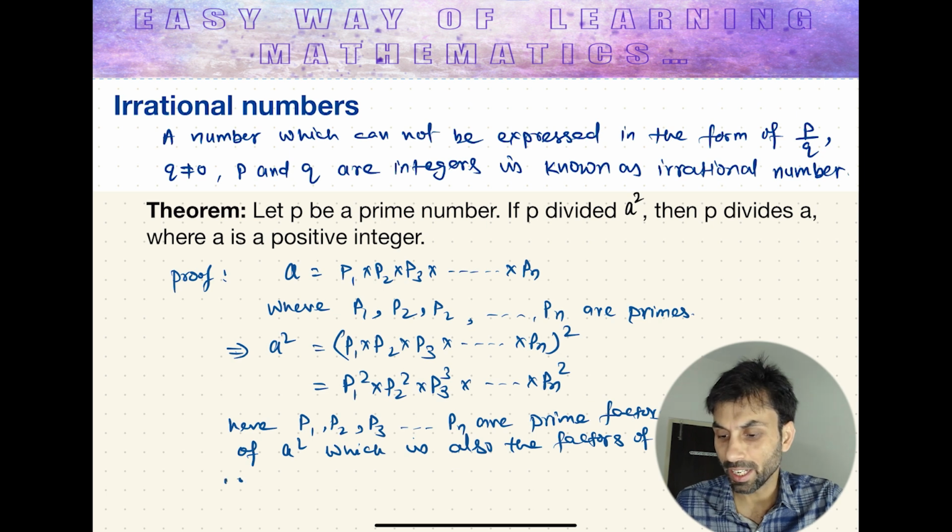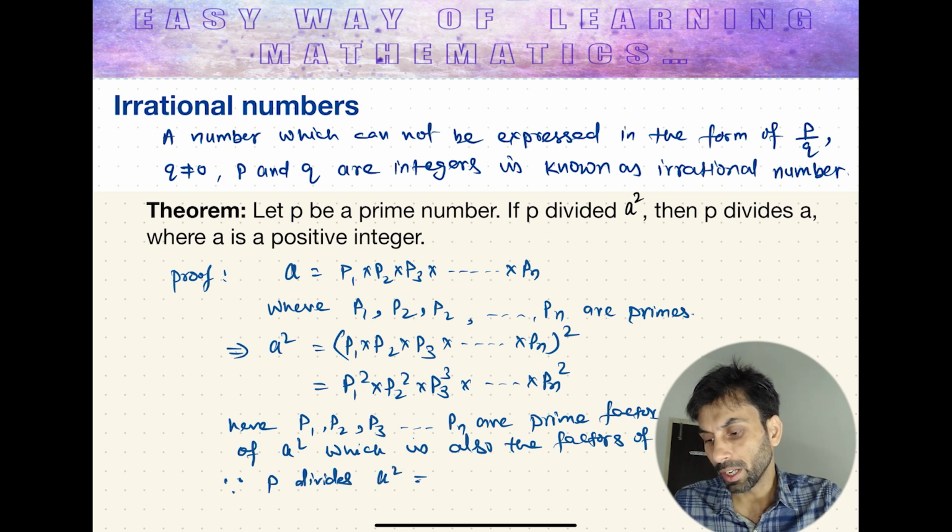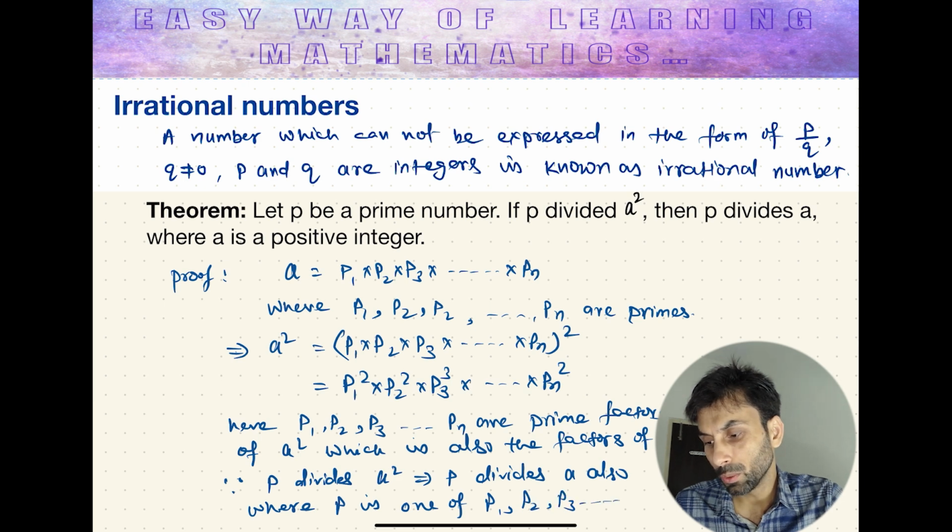And therefore we can say that since p divides a square, that implies p divides a also, where p is one of p1, p2, p3 and so on up to pn.